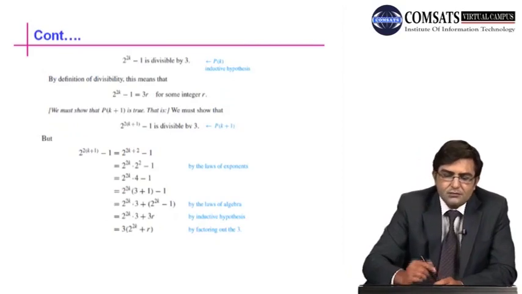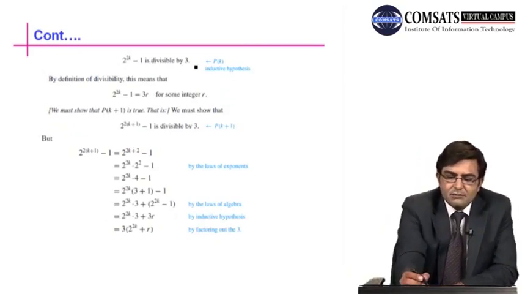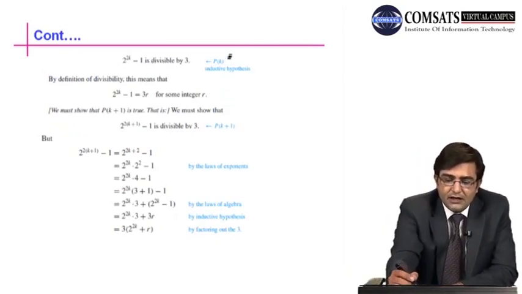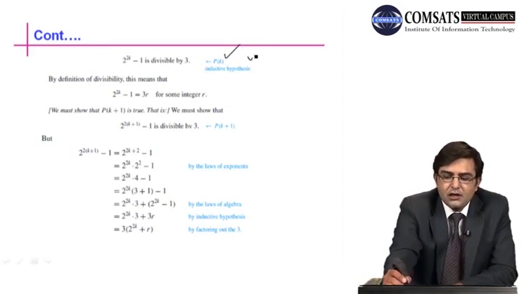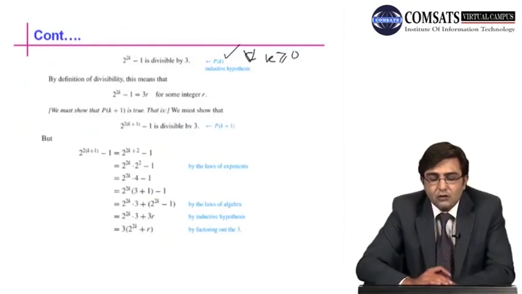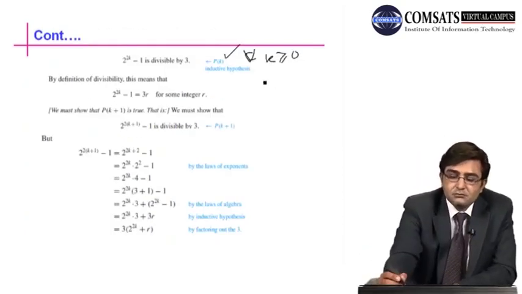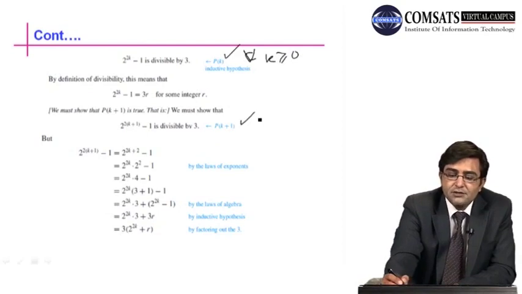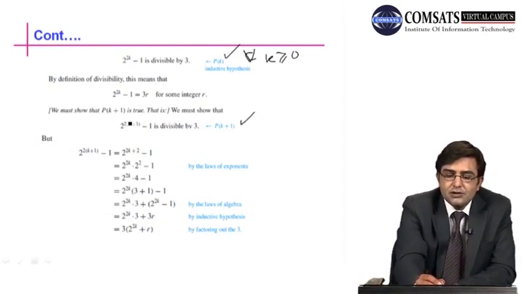We suppose that 2 power 2k minus 1 is divisible by 3, meaning P of k is true. This inductive hypothesis is true for all k greater than or equal to 0. Now we have to prove that P of k plus 1 is true, meaning 2 power 2 into k plus 1 minus 1 is divisible by 3.